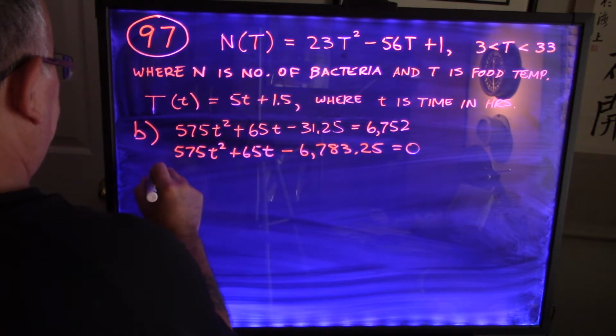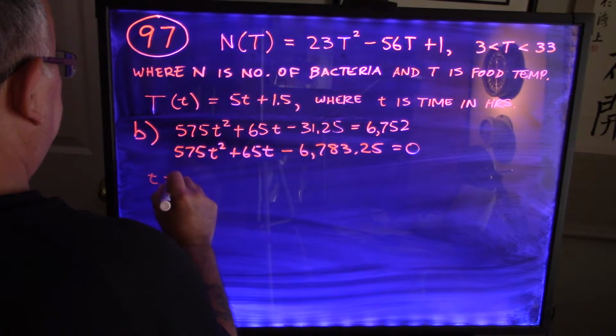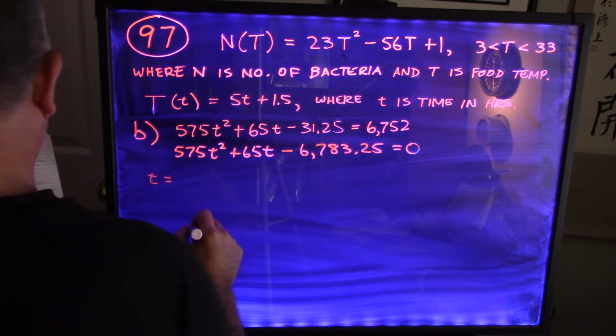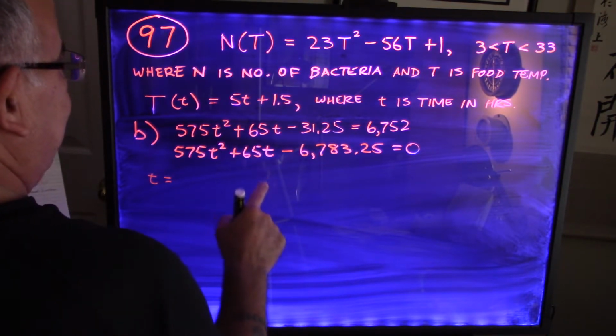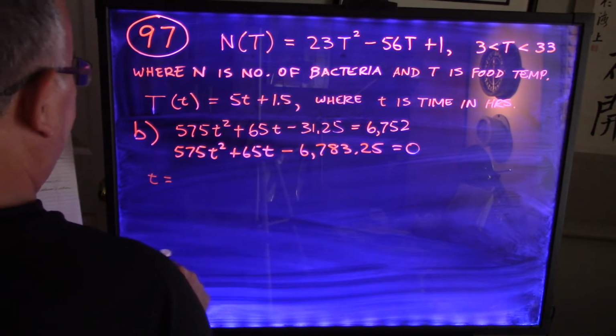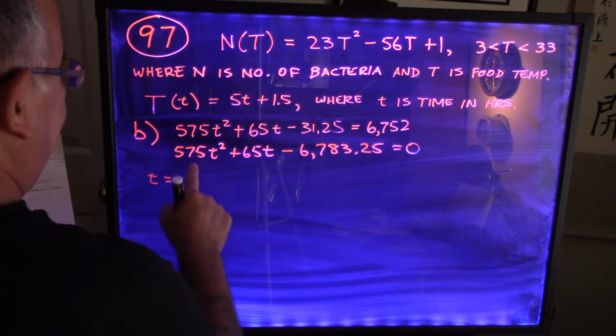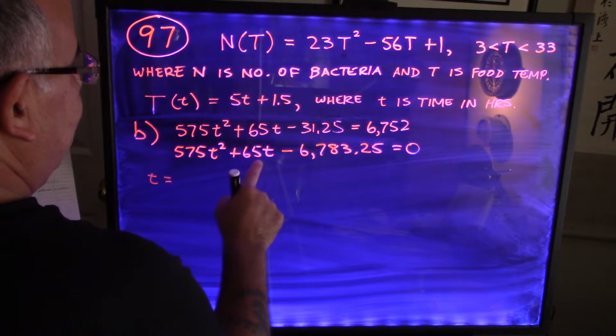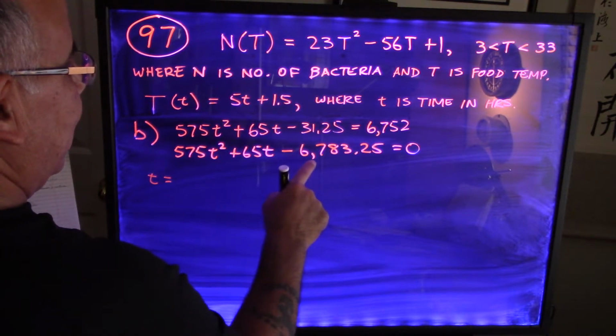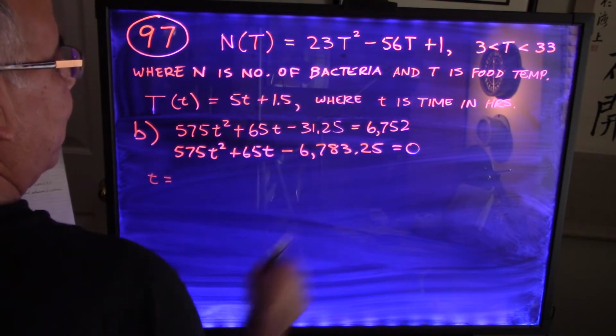So t is equal to negative b plus or minus the square root of b squared minus 4ac, over 2a, right? So a is 575, b is 65, and c is negative 6,783.25.